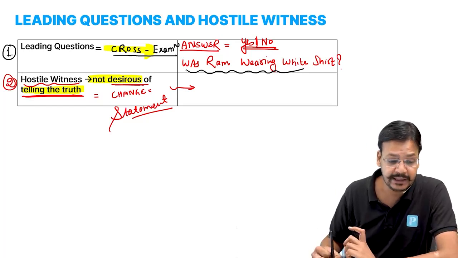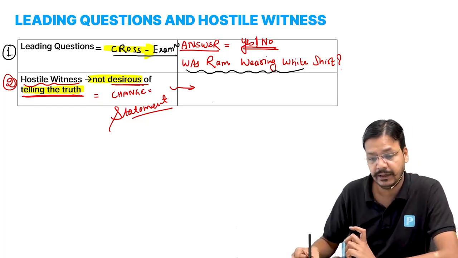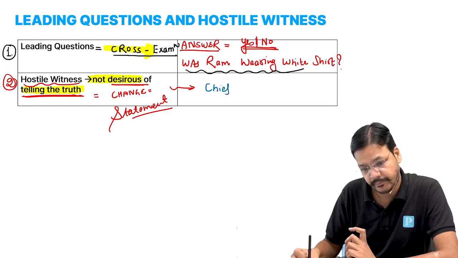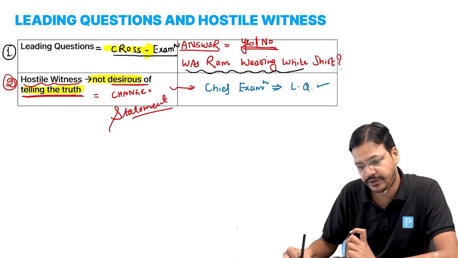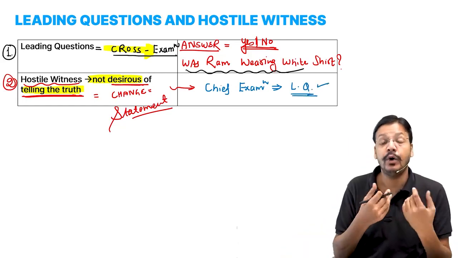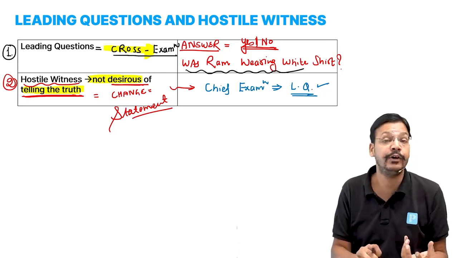So hostile witness is the only condition in which, in chief examination, the same party lawyer can ask a leading question, because your witness is not desirous of telling the truth.